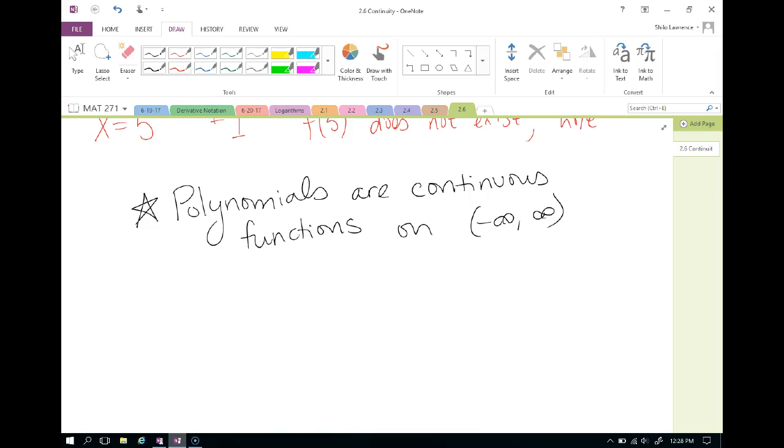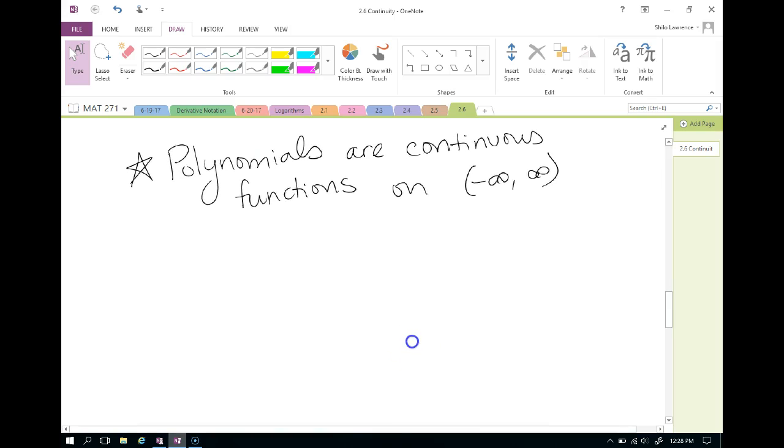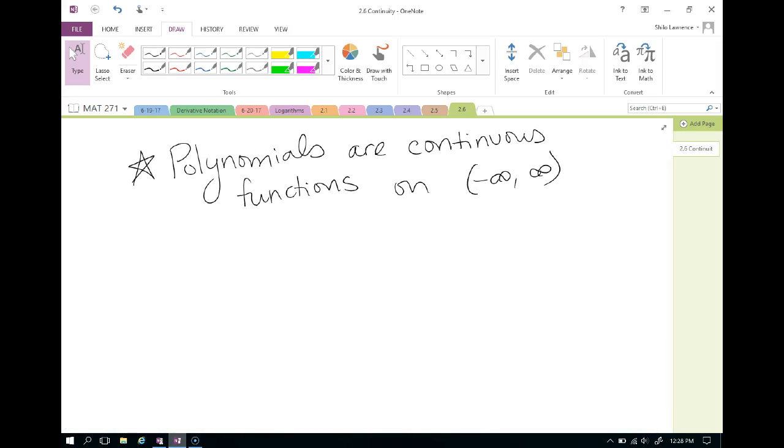So anything we would throw out of the domain of our function, those would be discontinuities. But one type of function that we know we can always count on to always be continuous are polynomials. But another type of function that we come across that usually gives us trouble are piecewise functions.